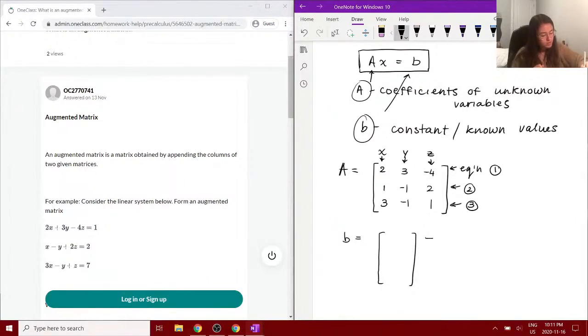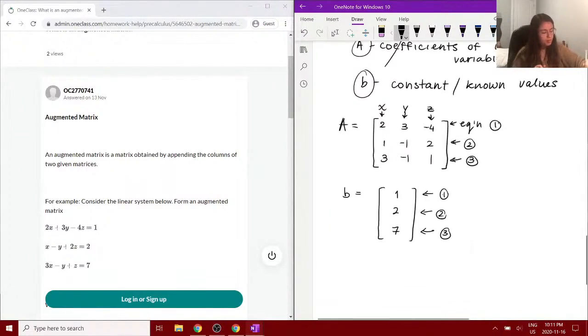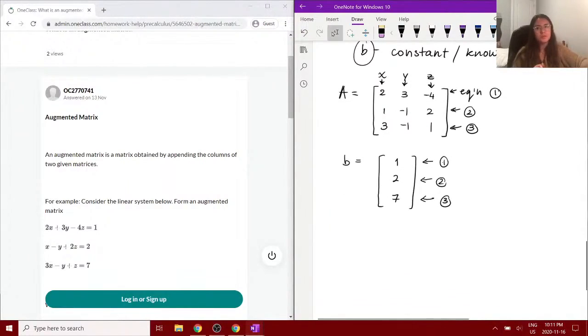For equation 1, we have the constant of 1. For equation 2, we have the constant of 2. And for equation 3, we have 7. Okay? So now that we have both of our matrices, all we have to do is put it together.